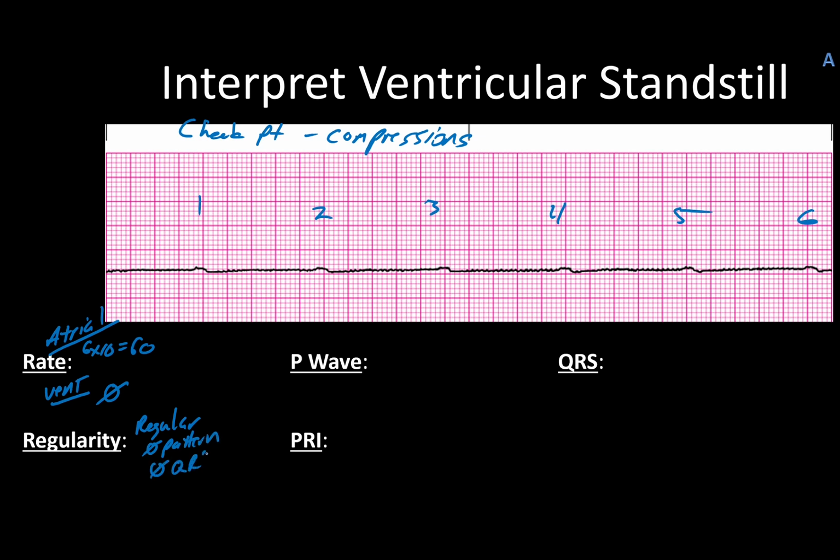No QRSs, no ectopy. All right, so we have that. We have great P waves. They are upright, uniform. I have 1 P for no QRSs. They are regular.